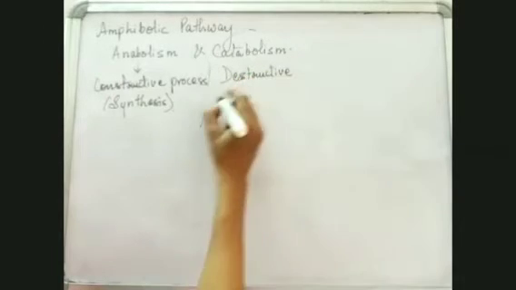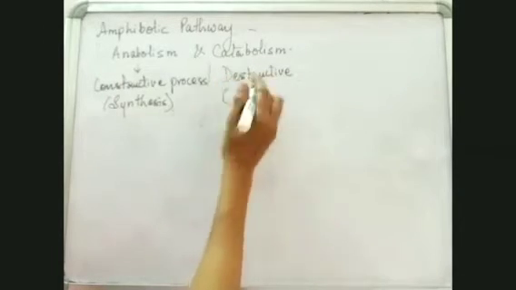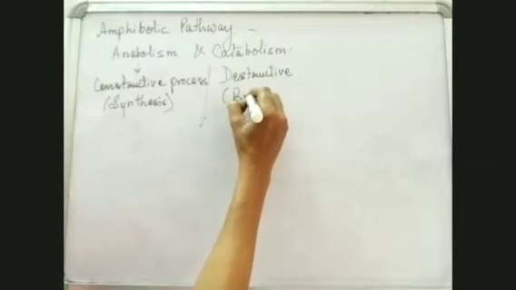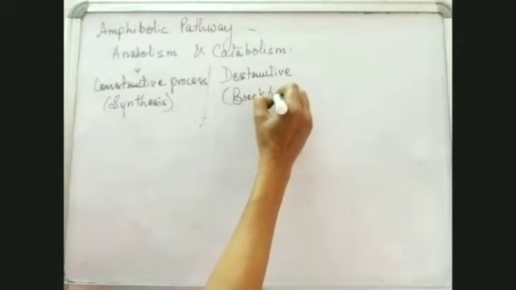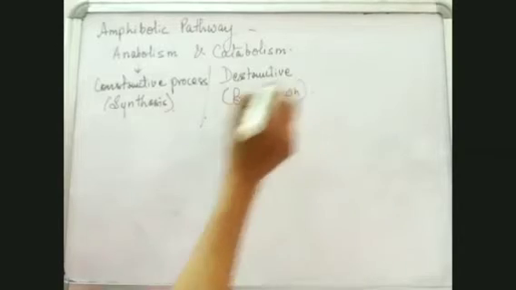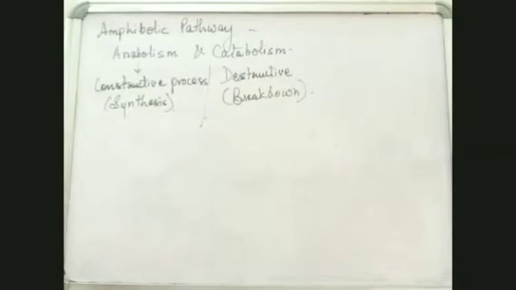And in this process, what takes place? Breakdown. So one process is anabolism, another process is catabolism.